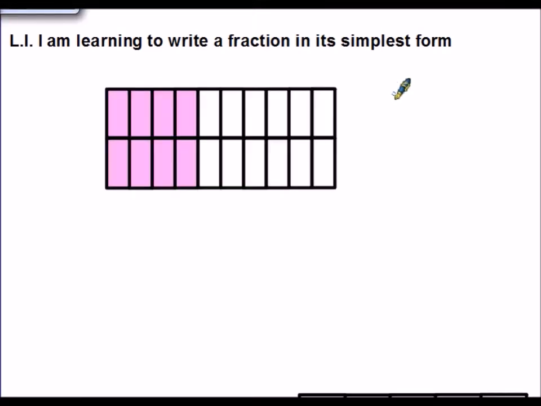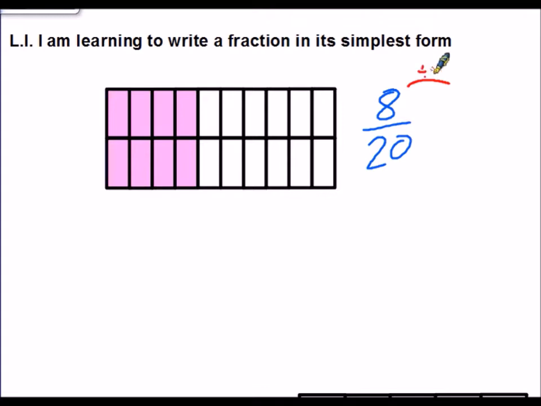Now let's kick it up a gear. In this one, I've highlighted 8/20. Now, again, I could just use my times table knowledge to do this, and that's what I'm going to do to start with. So, I know that a times table with 8 and 20 in it is the 2 times table. So, I'm going to initially use the 2 times table to simplify this.